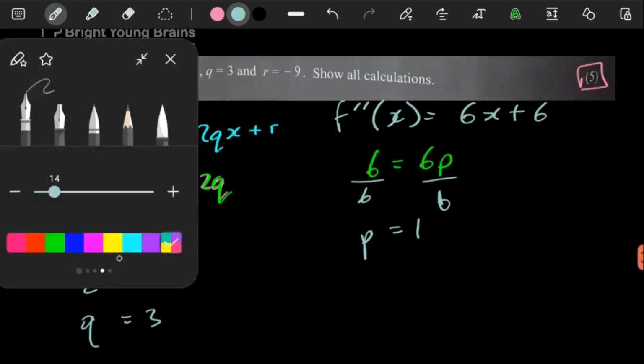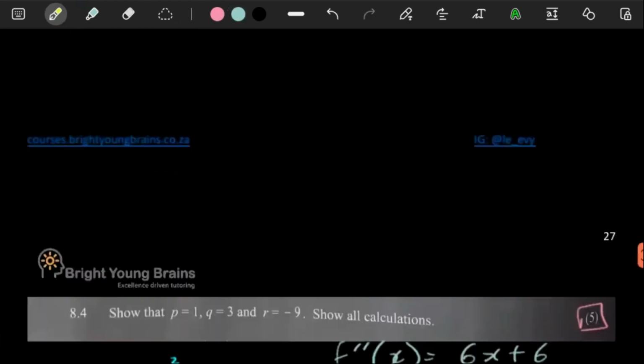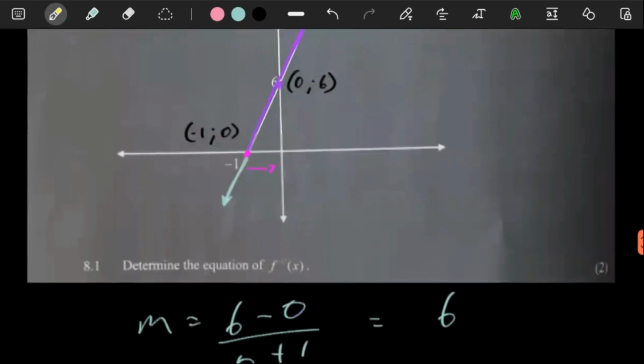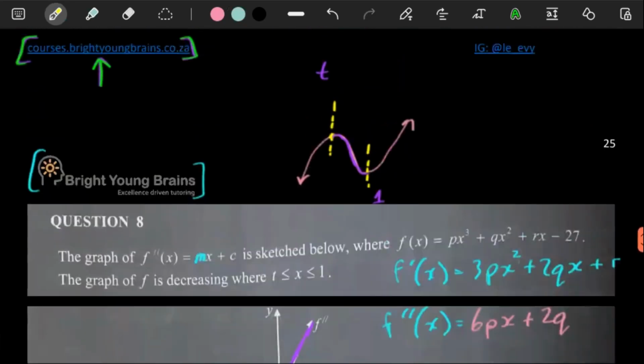Now for the r, you can see for yourself. We have p and q already, and we will be looking for r. If you think of it nicely, all you will need is more or less a coordinate that the graph passes through.